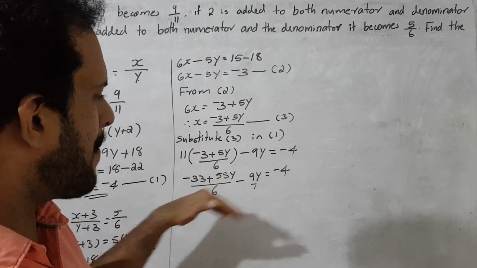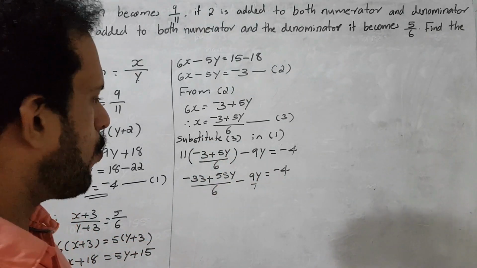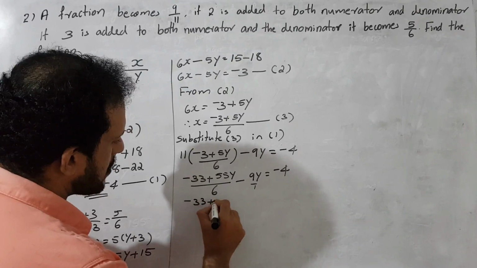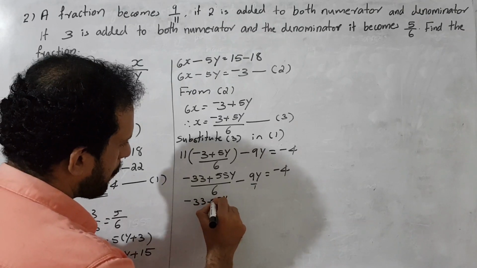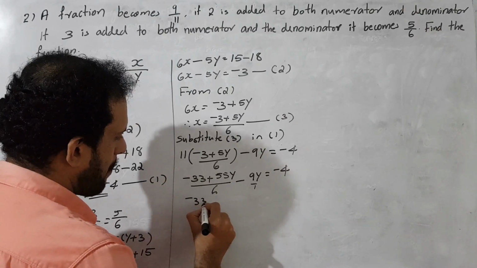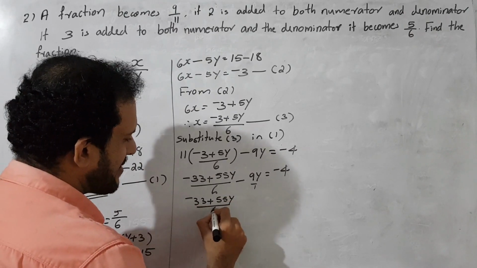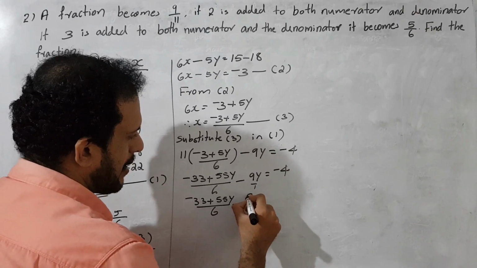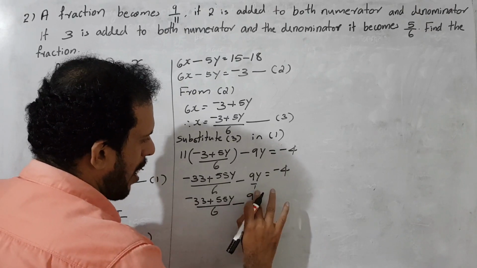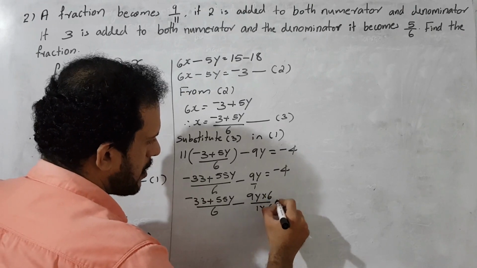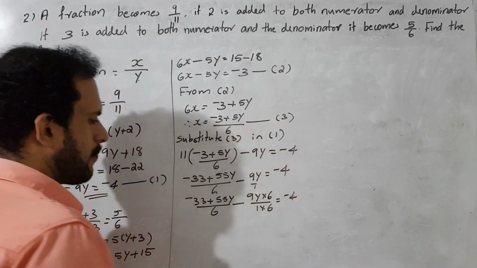Then next we make the denominators equal. Then what we get? (Minus 33 plus 55y) by 6 minus (9y into 6) by (1 into 6) is equal to minus 4.